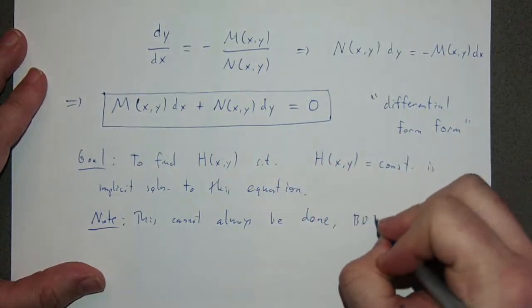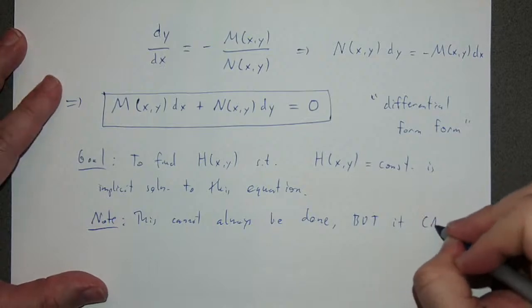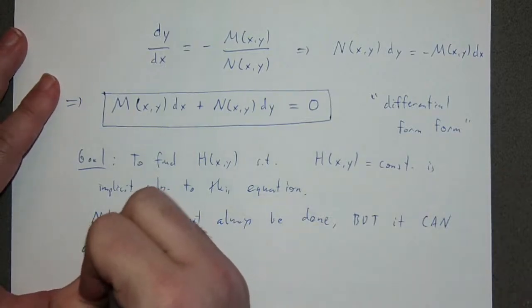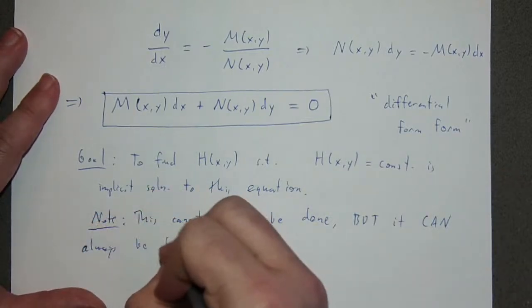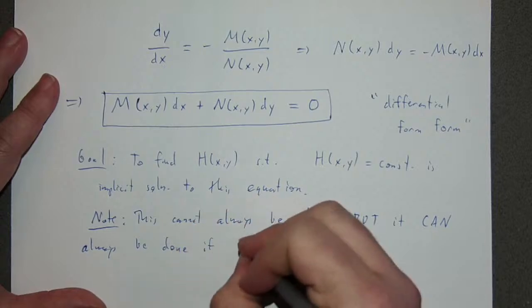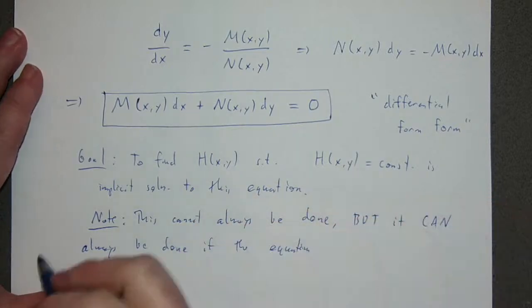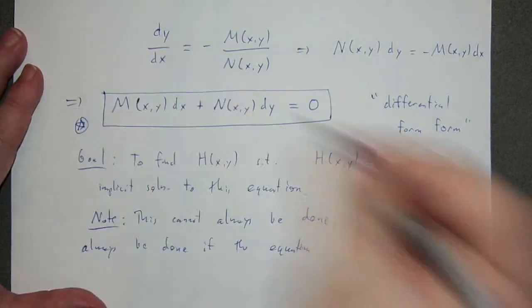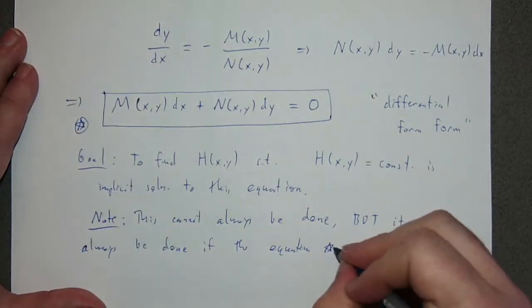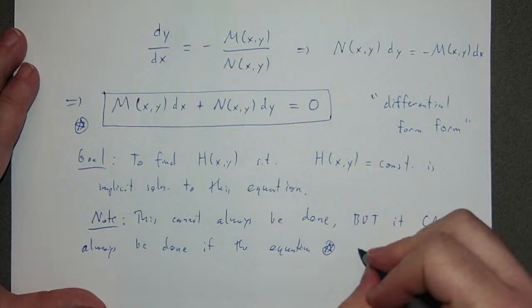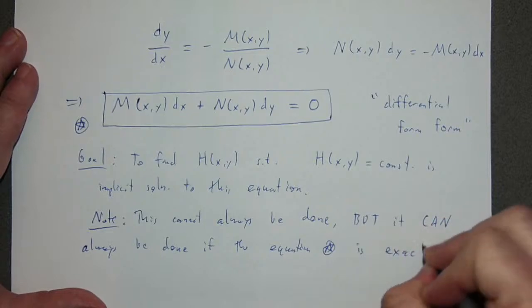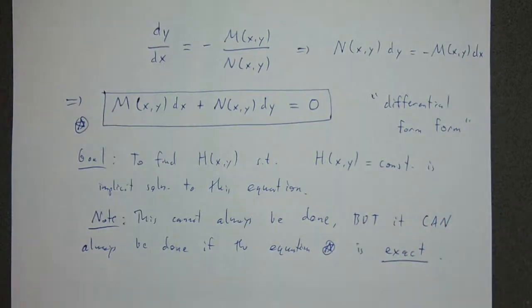But it can always be done if the equation, I'll call this star, if the equation is exact. What does exactness mean?